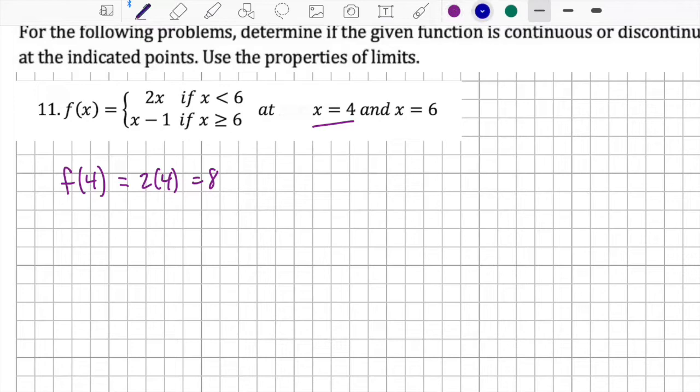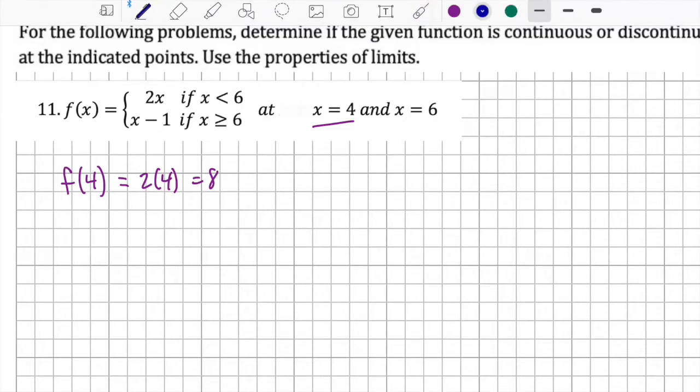Now, second condition, does the limit exist? Meaning, we want to find the limit as x approaches 4. But for this one, think about it. Since this is a piecewise function, and we have different functions at 6, 4 is less than 6, so just plug it in.